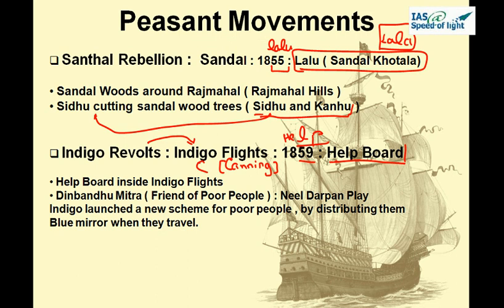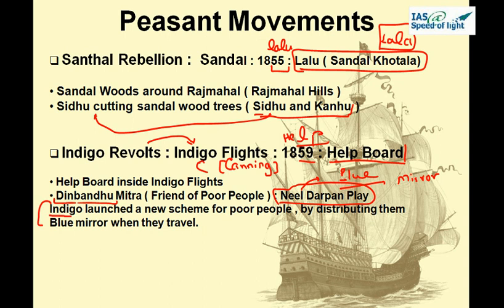Deen Bandhu Mitra. Deen Bandhu, we saw in the starting also. Deen Bandhu means the friend of poor people, and he wrote a play, Neel Darpan, about this particular revolt, the Indigo revolt. Neel is actually blue, Neela is blue, and Darpan is mirror. So Indigo launched a new scheme for poor people by distributing them blue mirrors.